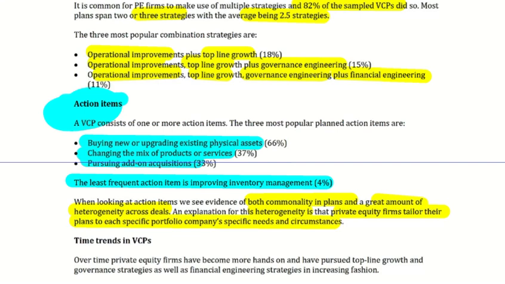So when a private equity player decides to invest in a portfolio company, they may well have 5 different portfolio companies within their fund. Each one will get specific attention tailored to that specific company. So it's quite an important concept that private equity players are focused and don't just try for generic strategies, the same strategy for every single portfolio company.